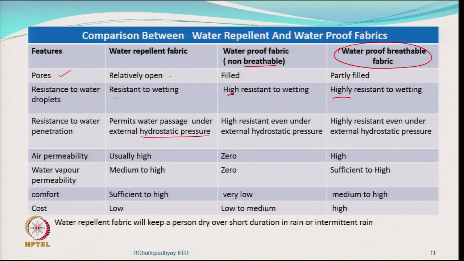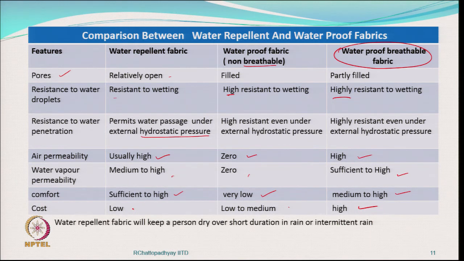From the air permeability point of view, usually water repellent fabric is high, here it is 0, here it is also high. Water vapor permeability is medium to high, it is 0 here, it is sufficient to high. From the comfort point of view, it is sufficient to high, it is very low, it is medium to high. Cost is low, low to medium, and high. So, you see there are three types of fabrics: water repellent, waterproof and waterproof breathable fabrics.